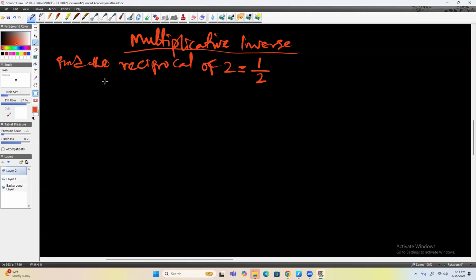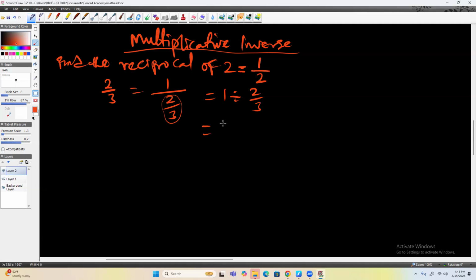Now you are asked to find the reciprocal of 2 over 3. That would be 1 divided by 2 over 3. You've been taught in primary school that whenever the denominator is a fraction, you have to convert this division sign to multiplication.